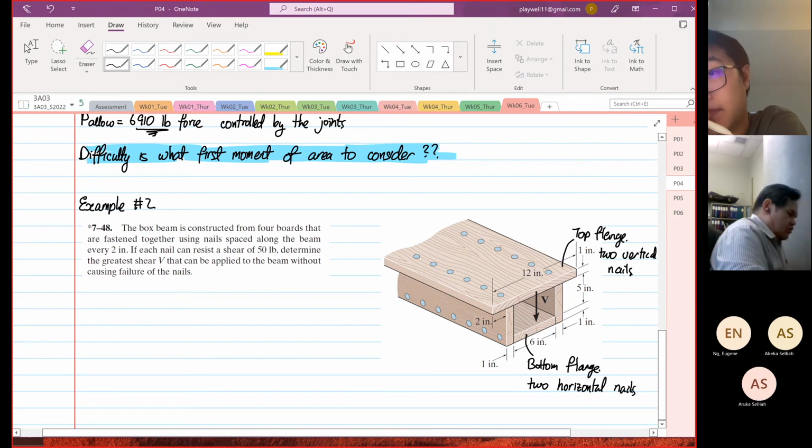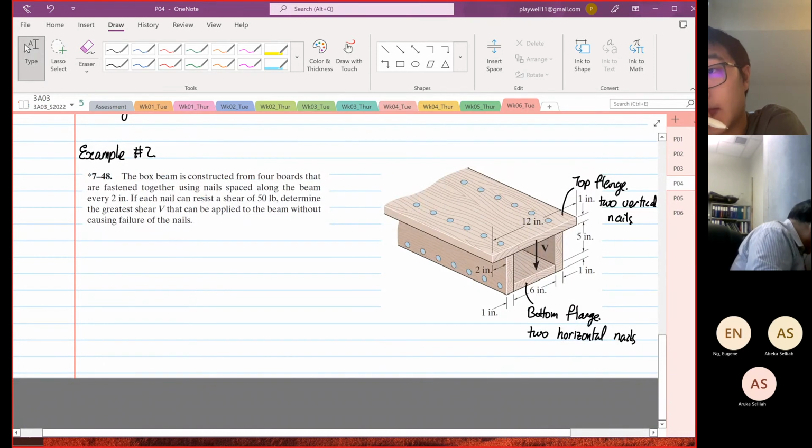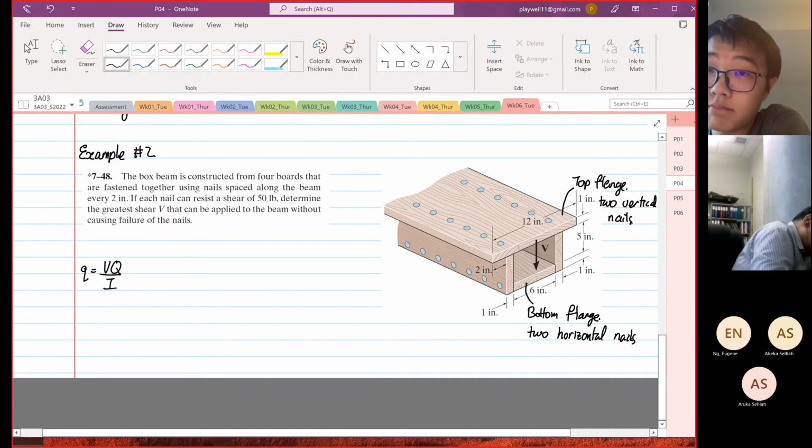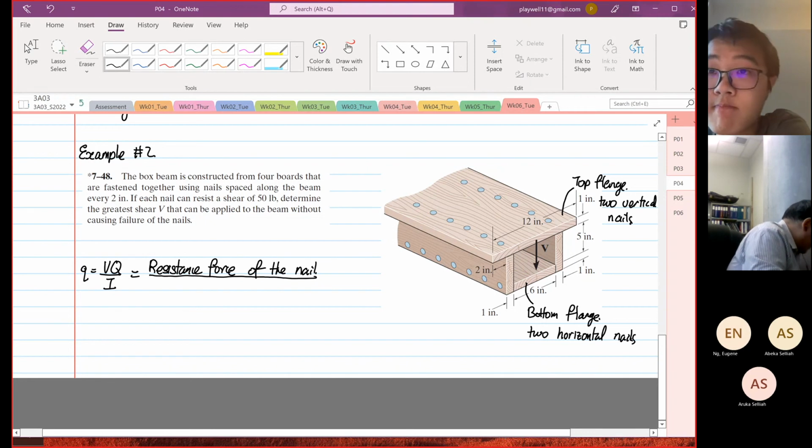Okay. So the thing is, the formula we know from here, right? The formula that we're going to use is q = VQ/I, and q is equal to the resistance force of the nail divided by spacing.